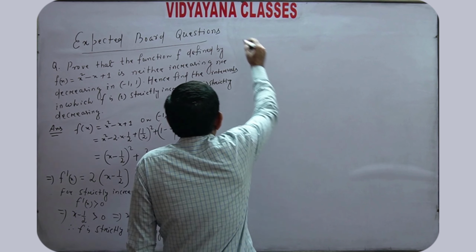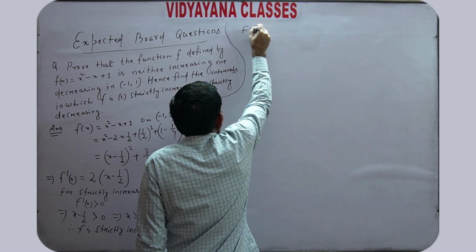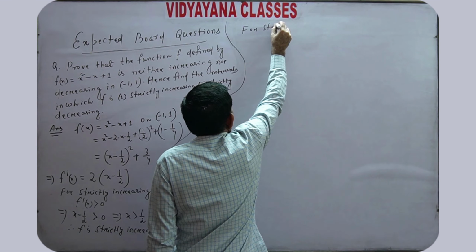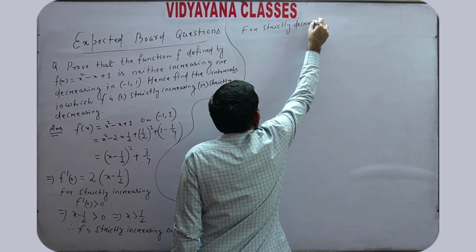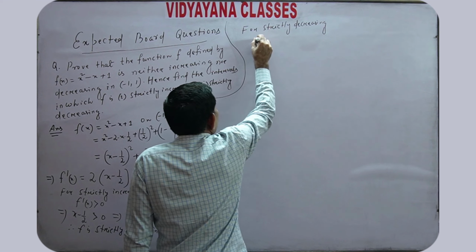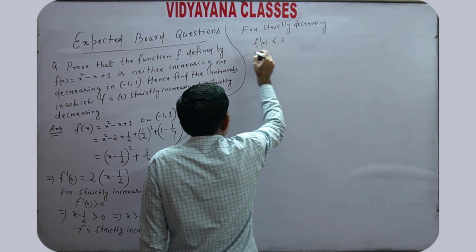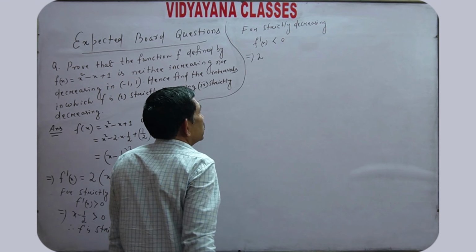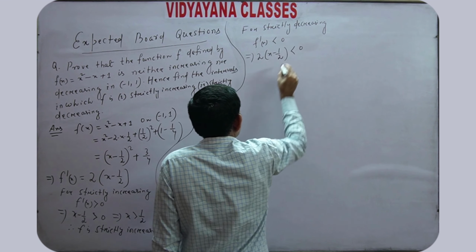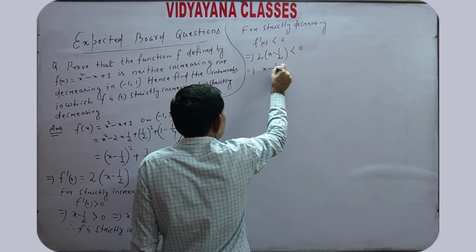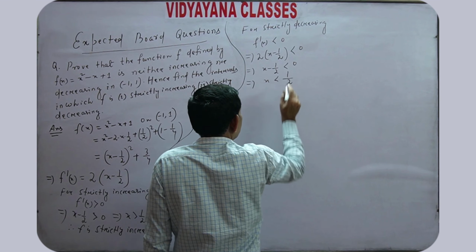For strictly decreasing, f'(x) < 0, which implies 2(x − 1/2) < 0, which implies x − 1/2 < 0, implies x < 1/2.